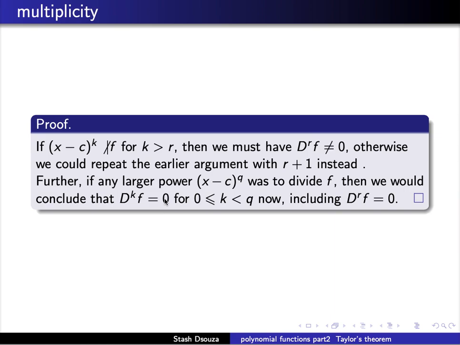Otherwise, we would have x minus c to the power r plus 1 dividing f, and that would mean that the polynomial f has c as a root with multiplicity greater than r. It could be r plus 1, it could be greater than that, but it is surely not r, and that would be a contradiction. So that brings us to the end of this proof.